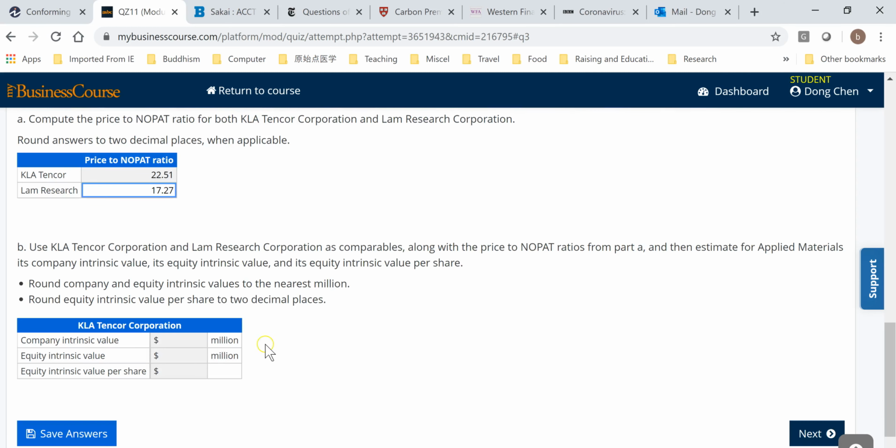So part B, use KLA Tencor Corporation and Lam Research Corporation as comparables along with the price to NOPAT ratios from part A, and then estimate for Applied Materials its company intrinsic value, its equity intrinsic value, and its equity intrinsic value per share. Round company and equity intrinsic values to the nearest million. So here we don't have to keep any decimal places. Round equity intrinsic value per share to 2 decimal places.